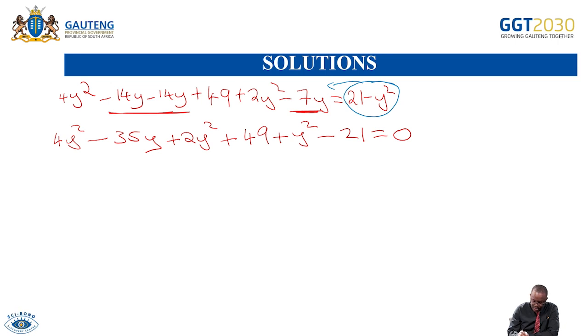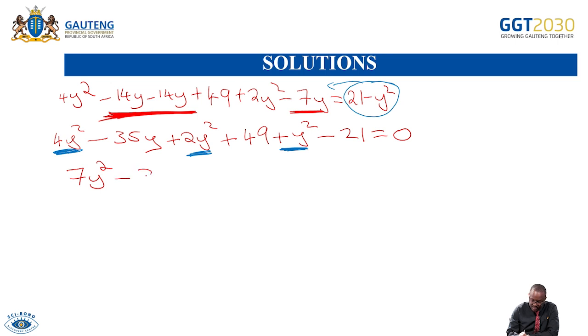So now we check. We have y squared here, we have y squared here, and we have y squared here. Then if you add 4 plus 2 is 6 plus 1 is 7. We're going to have 7y squared. Then we have negative 35y. Remember, we got that from negative 14y and negative 7y.